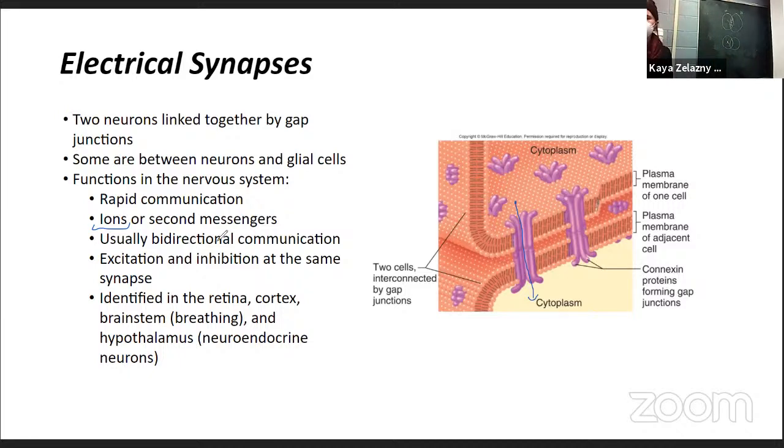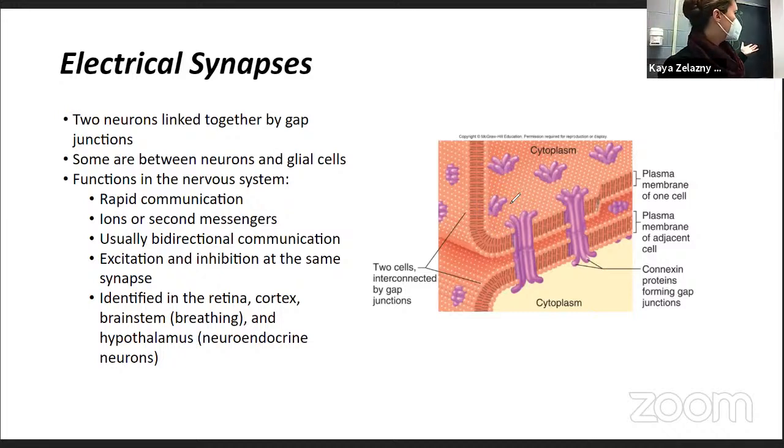So in most of our chemical synapses, we're going to see that our presynaptic neuron releases something and our postsynaptic receives it. But because the gap junction is really just a tube or an opening between two membranes, most electrical synapses are going to allow for communication in both directions because we don't really control the things that go through the gap junction in the same way.